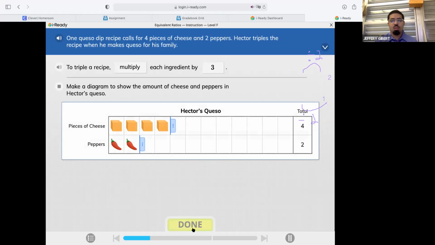Make a diagram to show the amount of cheese and peppers in Hector's queso. All right, so David, how much cheese should there be? 12. Yes. And how many peppers? 6. Yes.